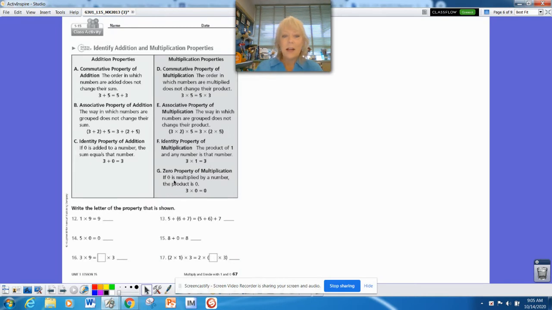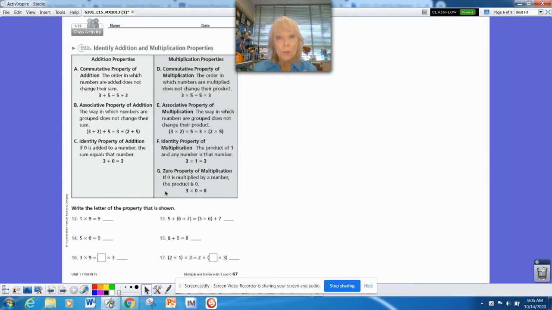But let's look at our zero property for multiplication. Sometimes people can get a little confused about this, but it's very simple. If you are multiplying by 0, it is always going to equal 0.